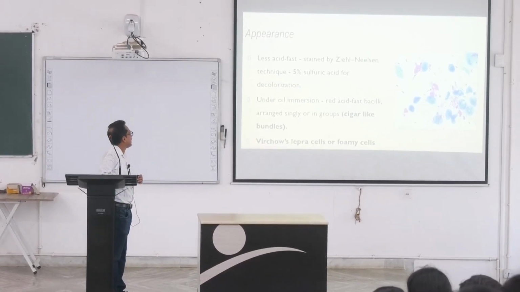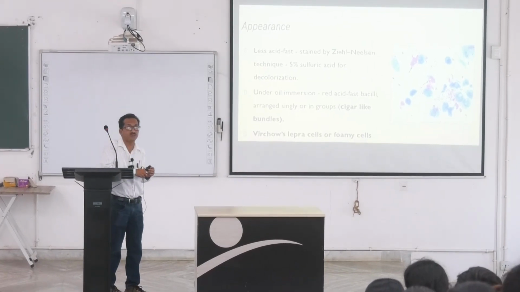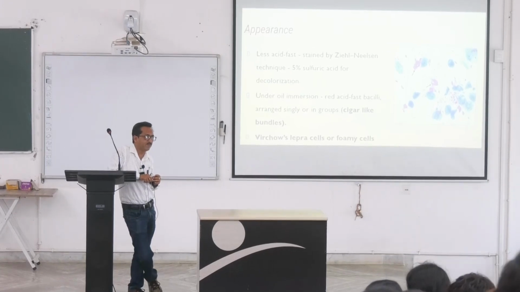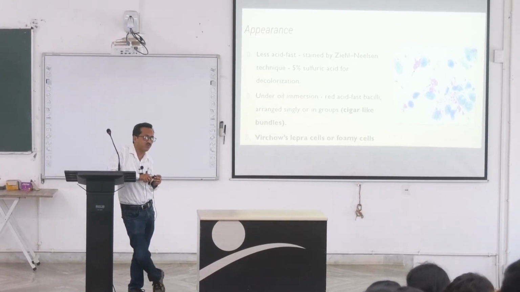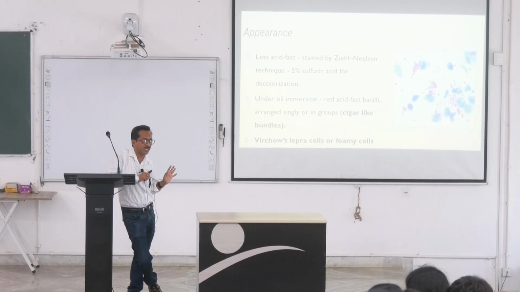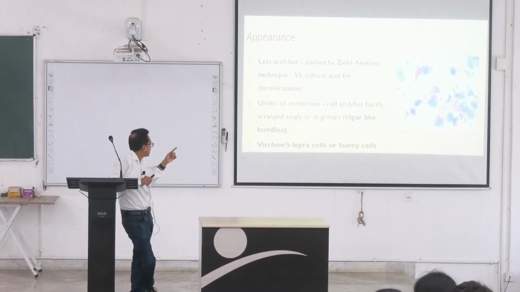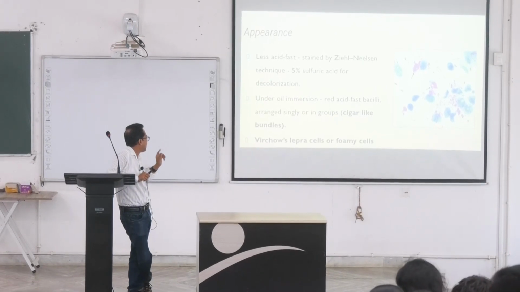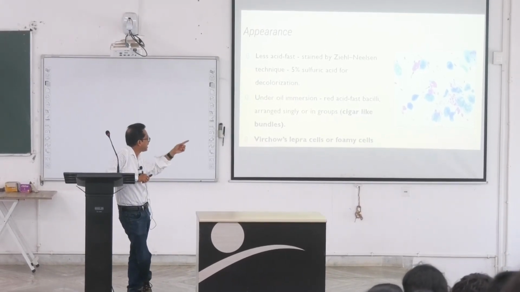And there is another pattern. In tuberculosis, it was a slender and beaded pattern, beaded meaning the staining is not uniform, but there is no beaded pattern in leprosy. In leprosy, there are red seagull-like bundles, either arranged singly.